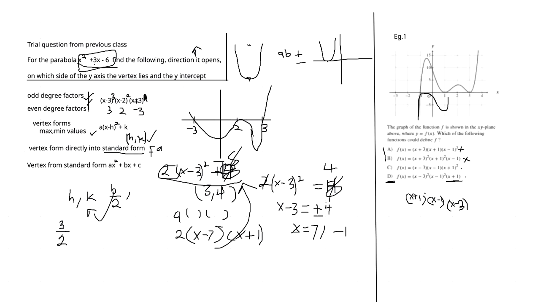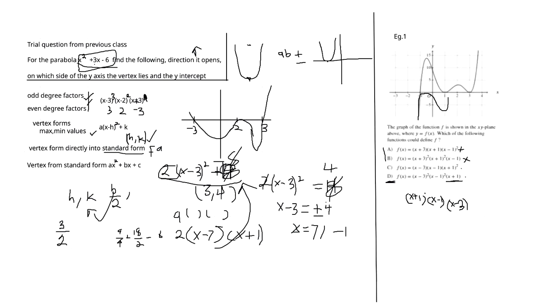And then to find your k, you just put 3 over 2 here. So 3 over 2 squared will be 9 over 4. And 9 over 4 plus 9 over 2. That's 3 times 3 over 2. And then minus 6. Okay. Now you can convert this to 18 over 4.